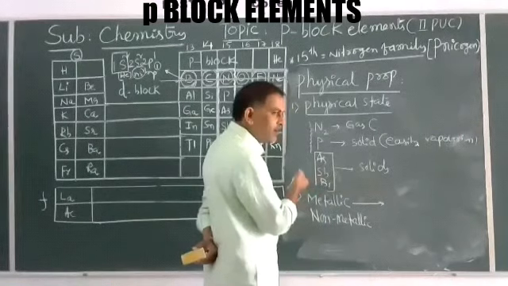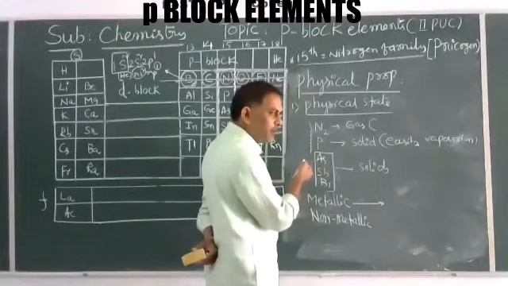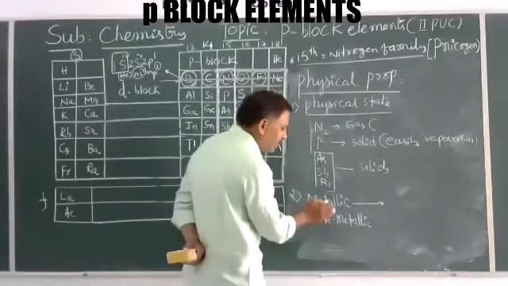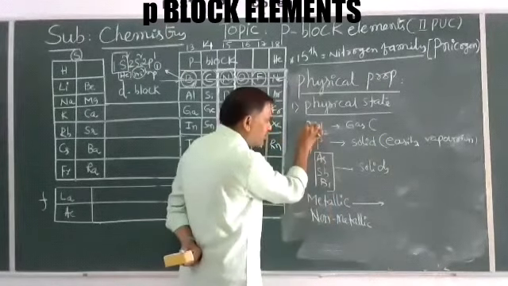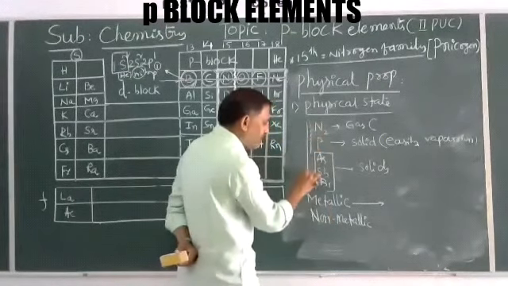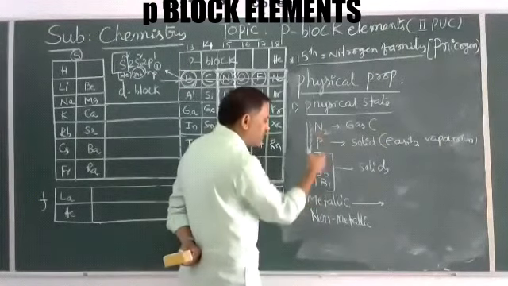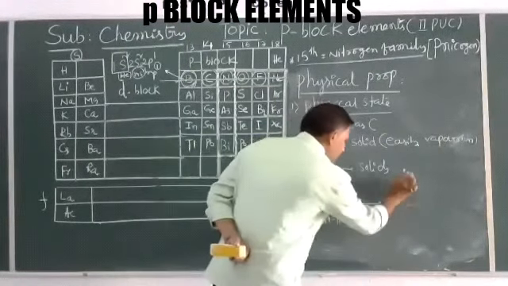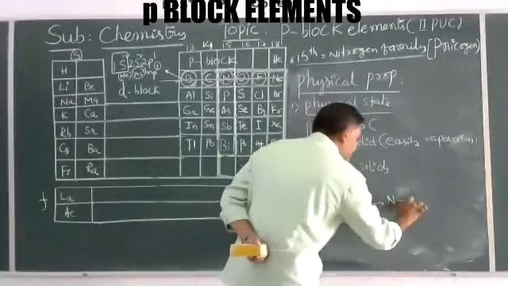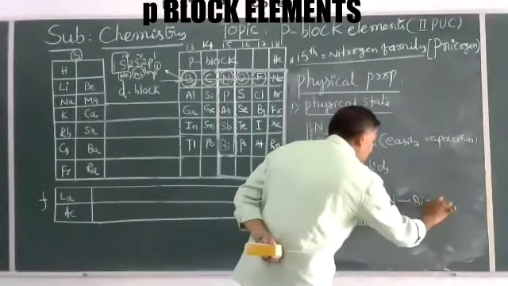All these are first year, 11th standard periodic table points. So top to bottom, from nitrogen to bismuth, what happens to the metallic character?